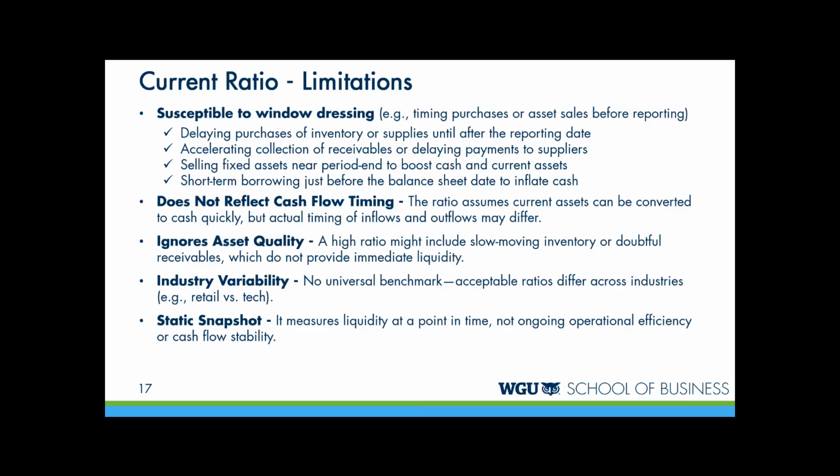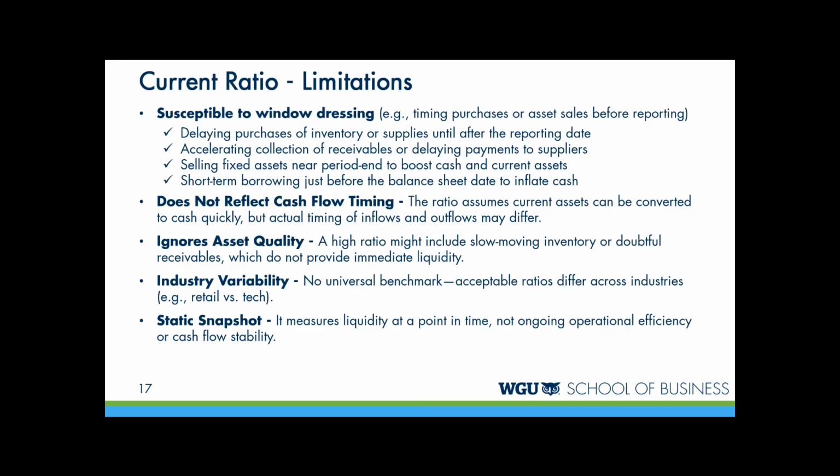The current ratio, again, is an aggregate. It's the total current assets and the total current liabilities, so it's not telling us the quality of those assets. That's why we have to use it in conjunction with other ratios in order to get a better picture of the asset quality.